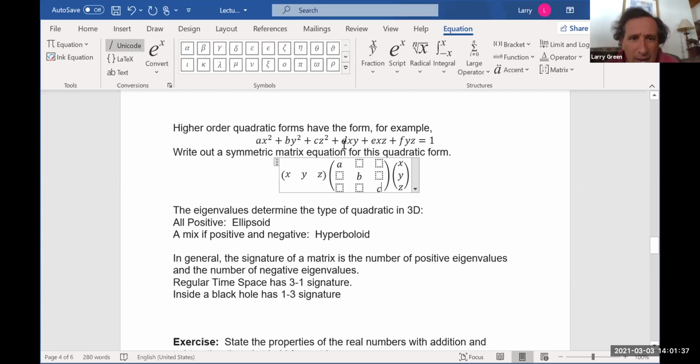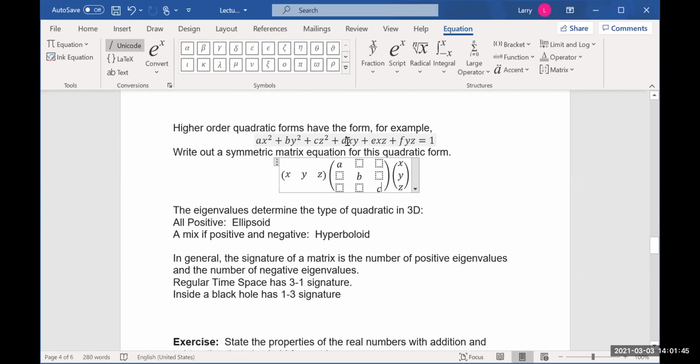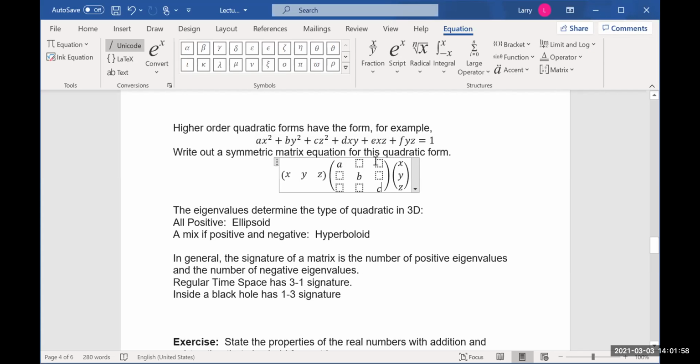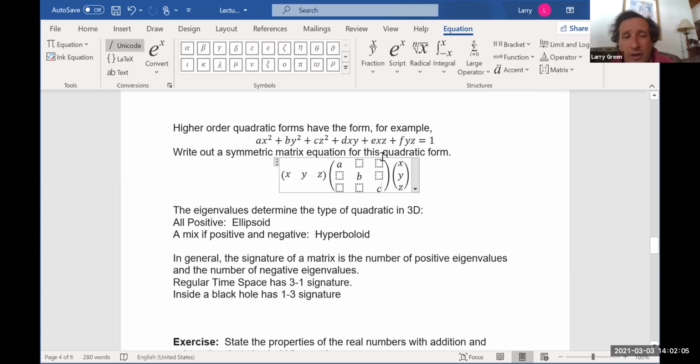Now this D, where does that go? The hint is think about what we just did with 2x2s. Not the corners, because this corner right here is first row, third column, and that would be an XZ, not an XY.